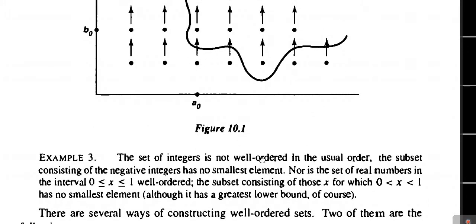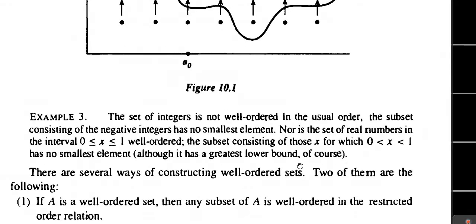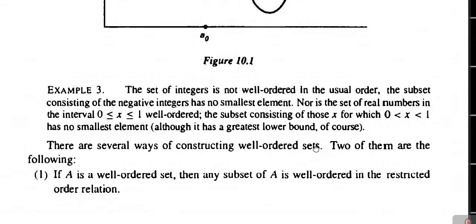Next one, consider the third example. The set of integers is not well ordered in the usual order. Why is it not well ordered? The reason is given here: because the subset consisting of the negative integers has no smallest element.